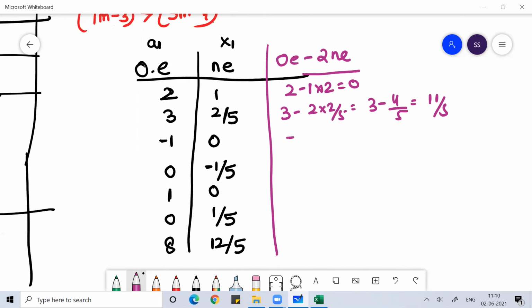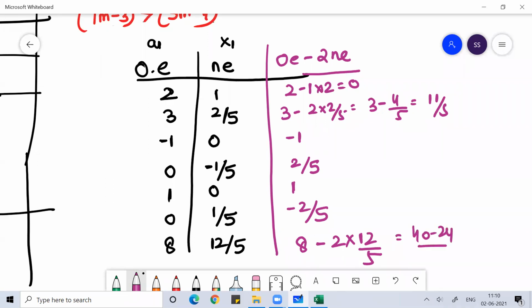Then minus 1 minus 0 gives minus minus plus, so this would be 2 by 5. This would be 1 minus 2 by 5. Then 8 minus 2 into 12 by 5, so 40 minus 24 by 5, this is 16 by 5.